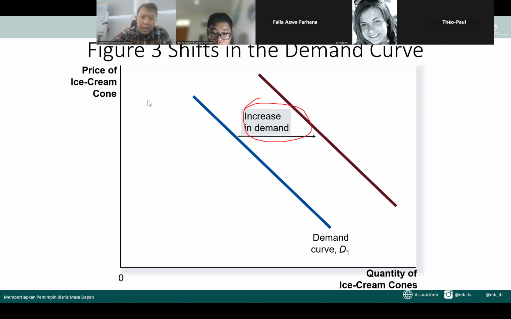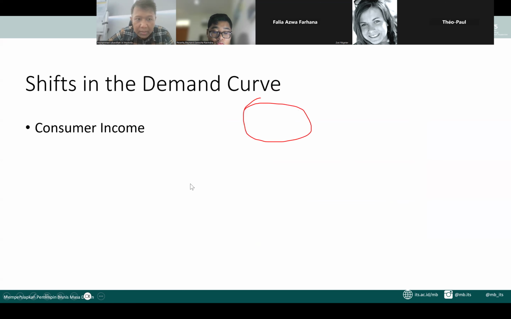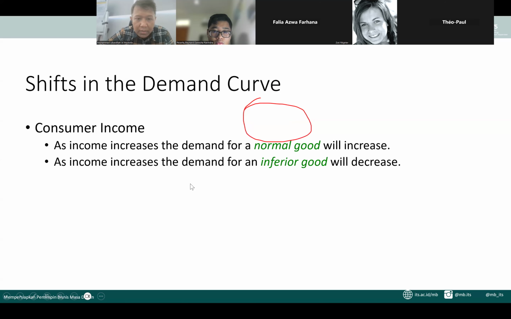But if it reduces the quantity demanded, or reduces the demand, it will shift to the left. So this is an illustration. Let's try to look at this illustration. First one, the income.